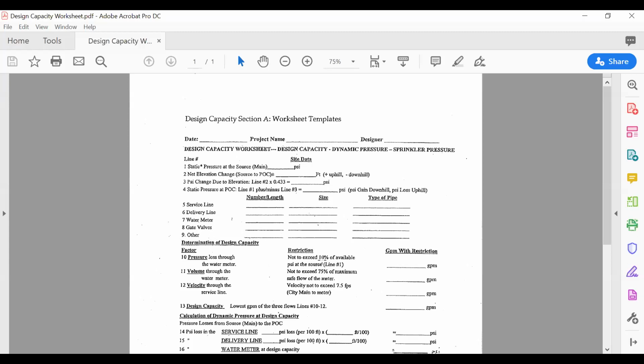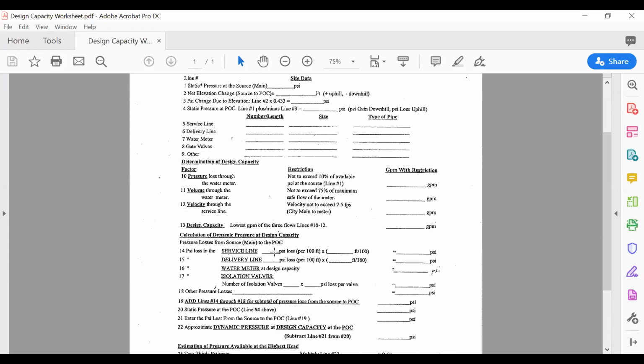And we want to insert it into this equation here. So our service line, I would write 10.47 PSI here. And we're going to write the length of that pipe. We know it's 25 feet. So we're going to take that 10.47 PSI, multiply it by 0.25, because 25 divided by 100 gives us 0.25.